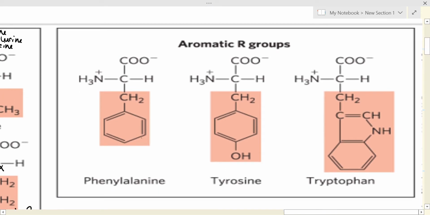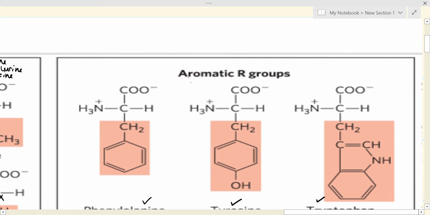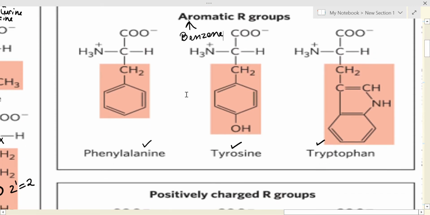These are phenylalanine, tyrosine and tryptophan. Why are they aromatic? Because they have an aromatic chain or benzene ring. Here we have the benzene ring attached, and benzene is aromatic in nature, as we all know.